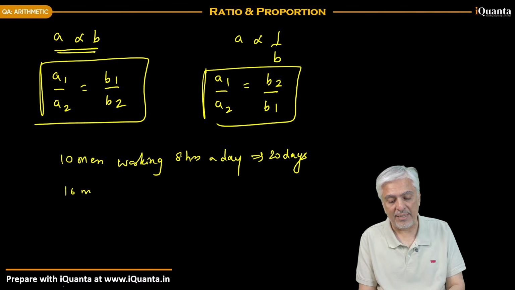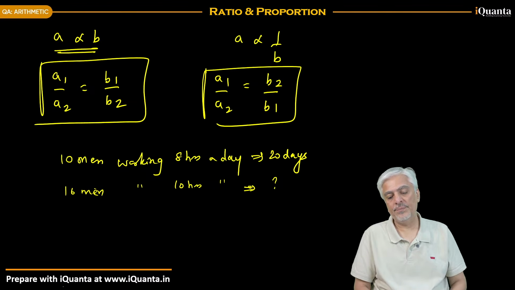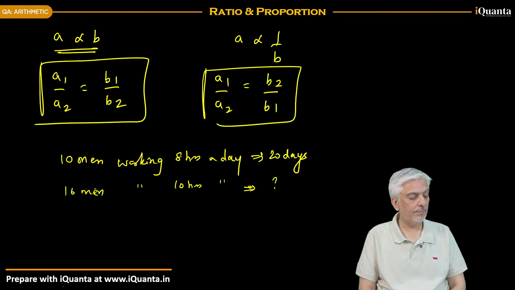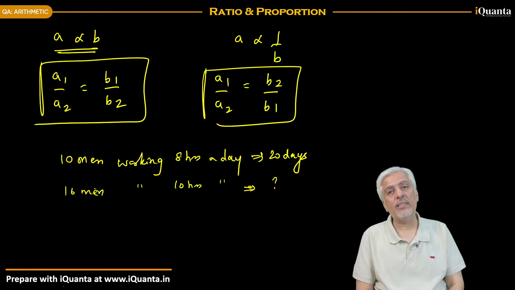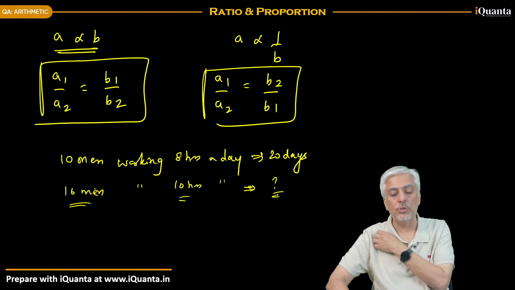Then 16 men working 10 hours a day will take how many days to do the job? 10 men working 8 hours a day take 20 days to do the job. 16 men working for 10 hours a day take how many days to do the job? Come on, do this question on your own.